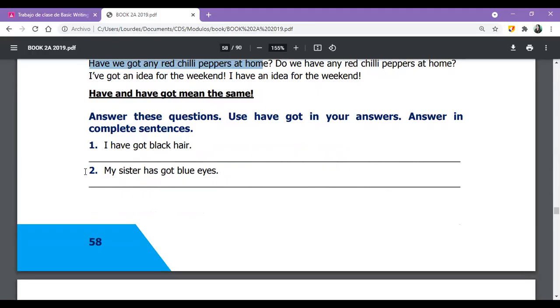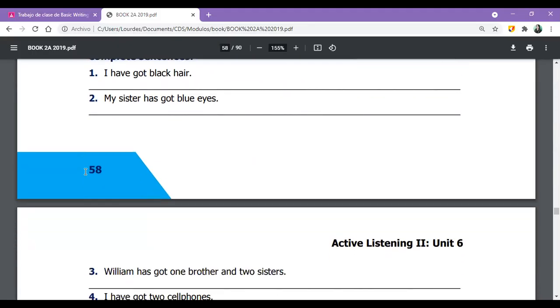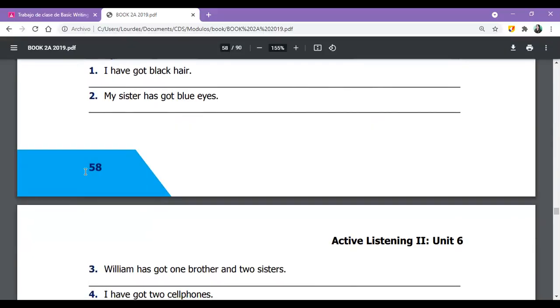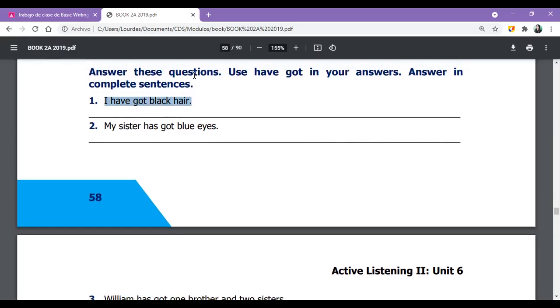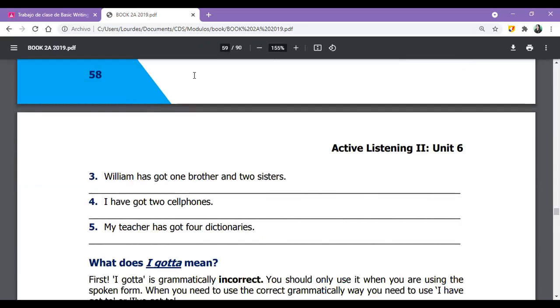So in this exercise, what are we going to do? We are going to change the sentences using have, okay? It says answer these questions. Use have got in your answers and complete the sentences.